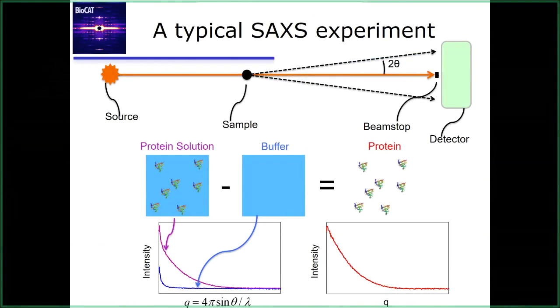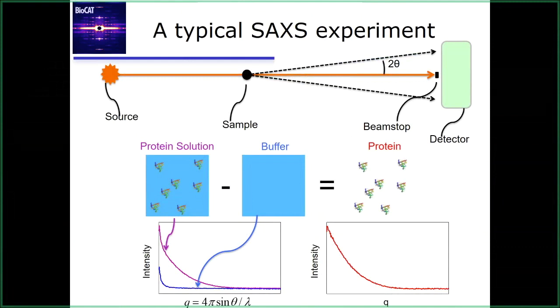But as Kushal mentioned, and I think Xiaobing mentioned as well, the scattering from a macromolecule is not that much larger than the scattering from the buffer that it's in. So if you measure a protein solution, you then have to measure the buffer by itself, and you subtract the two to get the scattering from the protein by itself. I've shown this here schematically, and I've also shown it with real data on the bottom plots.